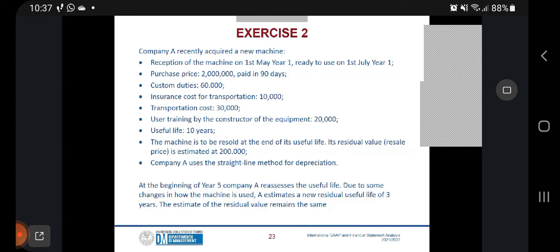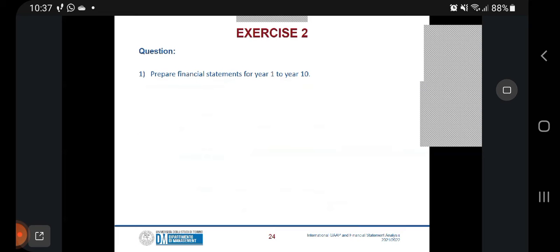But again, please pay attention, at the beginning of the year 5, company A reassesses the useful life. Due to some changes in how the machine is used, A estimates a new residual useful life of 3 years. The estimate of the residual value remains the same. Again, prepare financial statements for year 1 to year 10.